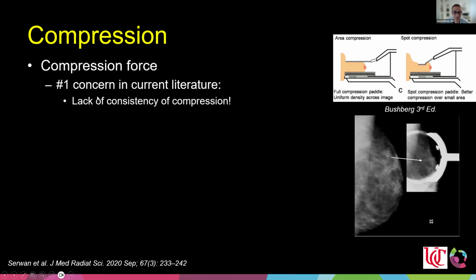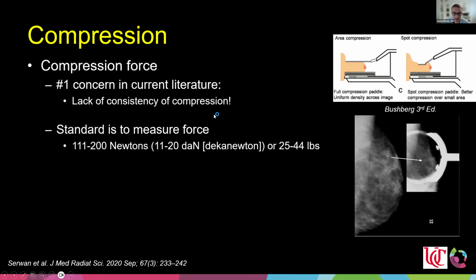Compression forces are very difficult to maintain. In the scientific literature, it is the number one concern for lack of consistency, being able to calculate the force necessary to compress the breast. Standard force calculations would say that we apply about 11 to 20 decanewtons, or in English standard, 25 to 45 pounds of pressure.